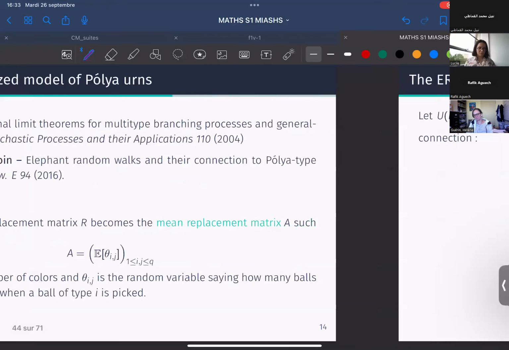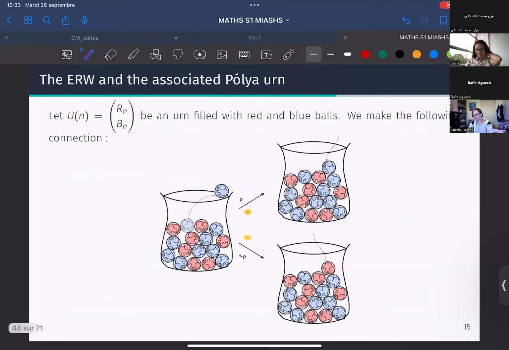So what is the connection between this model and the elephant random walk? It's that you say red balls are steps to the right and blue balls are steps to the left. And then whenever you pick a ball, you put it back and you add a ball of the same color with probability p or of the opposite color with probability 1 minus p.